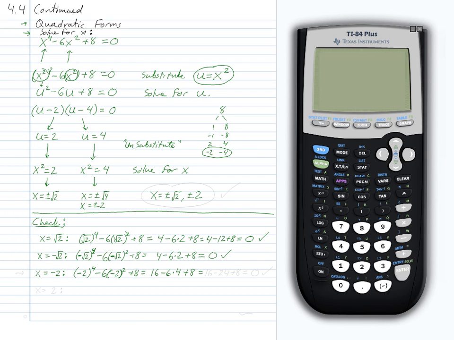And finally, 16 minus 24 plus 8 is exactly 0. I'll let you check x equals positive 2, but be aware, your process is going to look very similar to when we checked negative 2. Our solution set should work out.